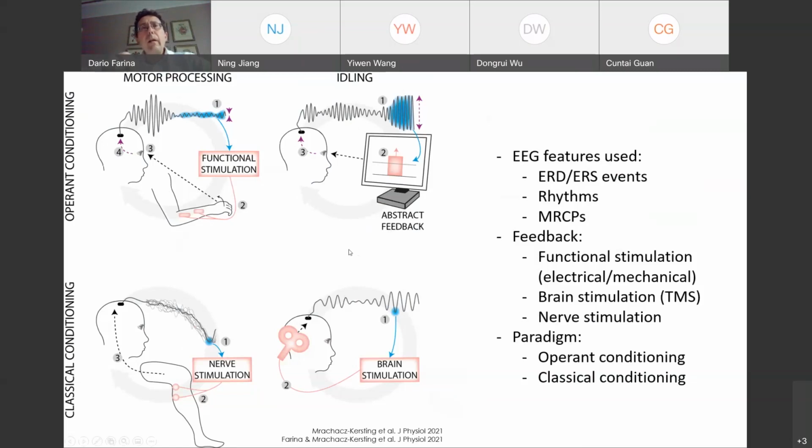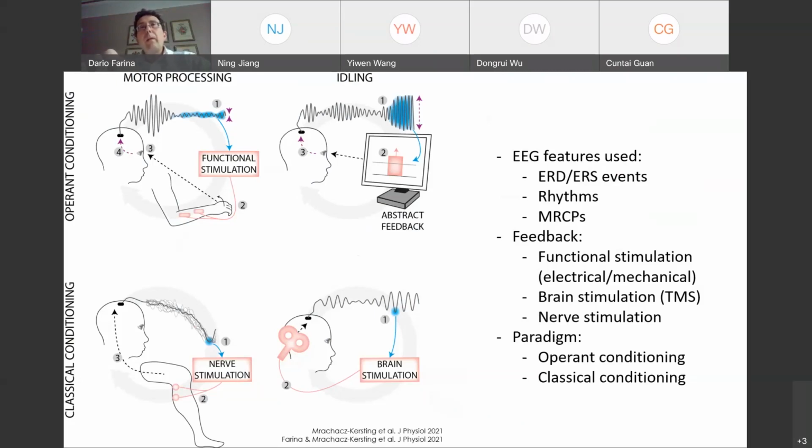This is a classification that probably is not that strict. There could be approaches that are in between these classes, but it helps in defining the neurophysiological mechanisms that underlie the induction of plasticity by BCIs.